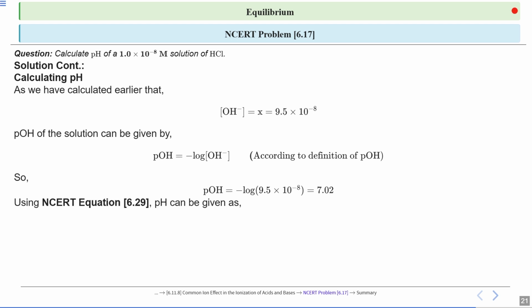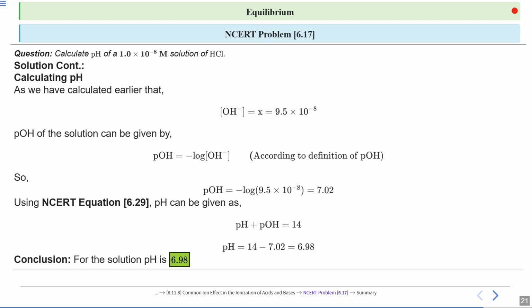Now we know that pH plus pOH equals 14. Therefore, 14 minus 7.02 will give you 6.98. So this is your final pH. Now this value is clearly less than 7. Therefore, we can accept this value.